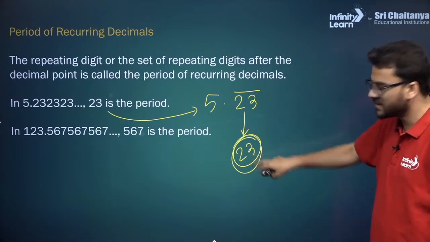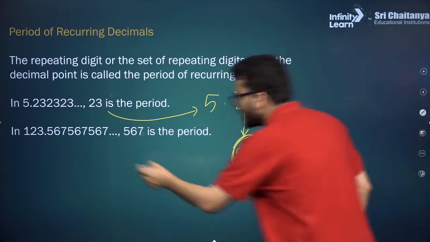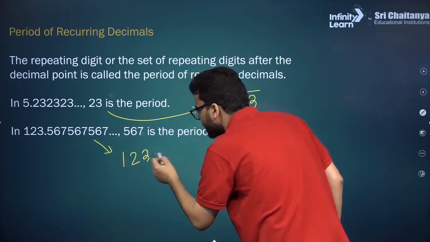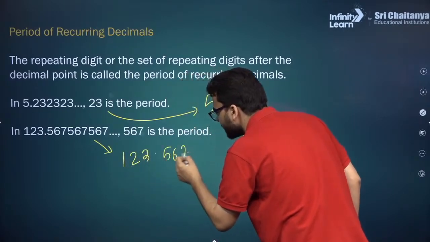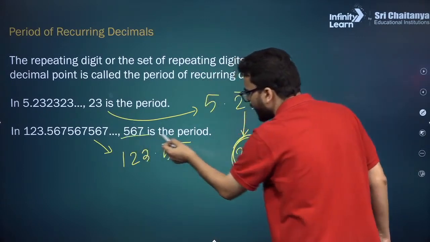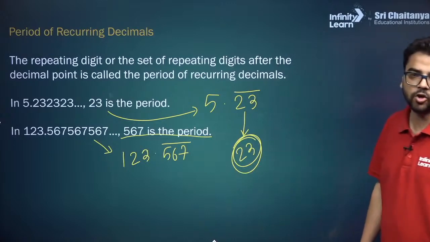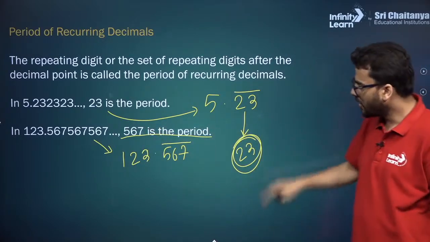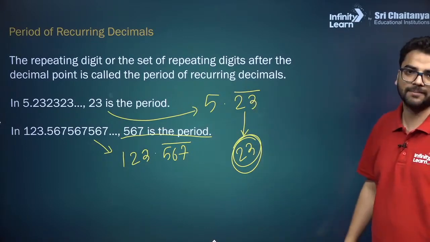This is the period of this decimal number. Now in the second case, 123.567 is repeating. So 567 bar is there. So 567 is repeating. So therefore 567 is the period over here. And over here 23 is the period.